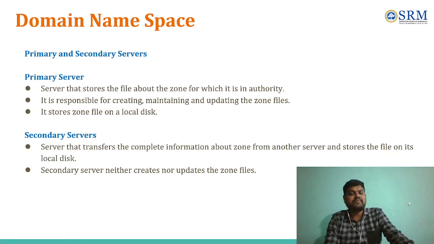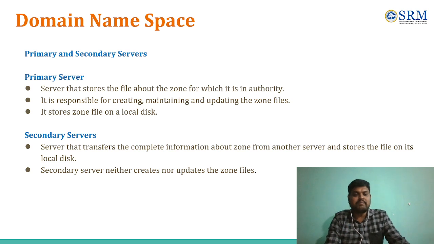There will be primary servers and secondary servers. The primary server has the full authority for the entire zone. It is responsible for creating, maintaining, and updating the zone files. The secondary servers operate as a backup of the primary server.